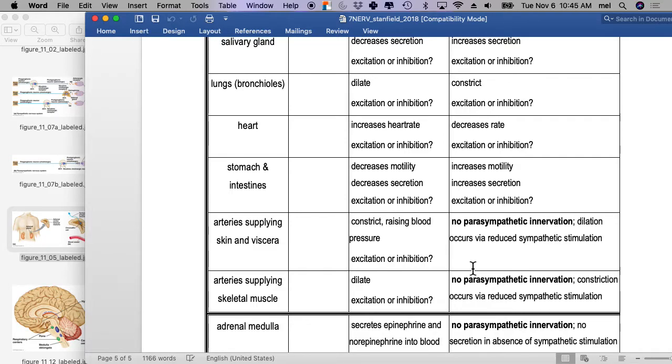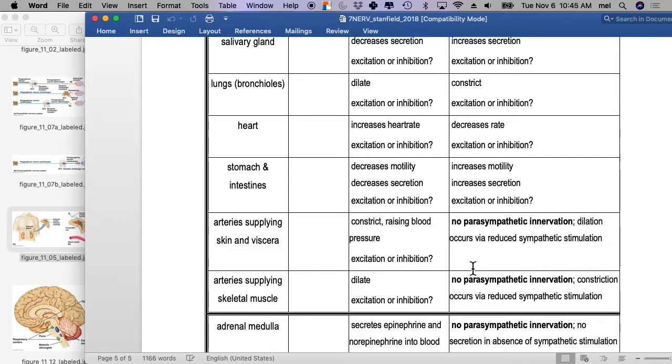So how do you cause constriction? Do you excite or inhibit? Excite. Yeah. Okay. You excite and it causes constriction. That means that the receptors on the blood vessels leading to your skin and your viscera respond to norepinephrine with depolarization and excitation because they have receptors that do that. Okay. Now, this is important for now. It's also important for later.